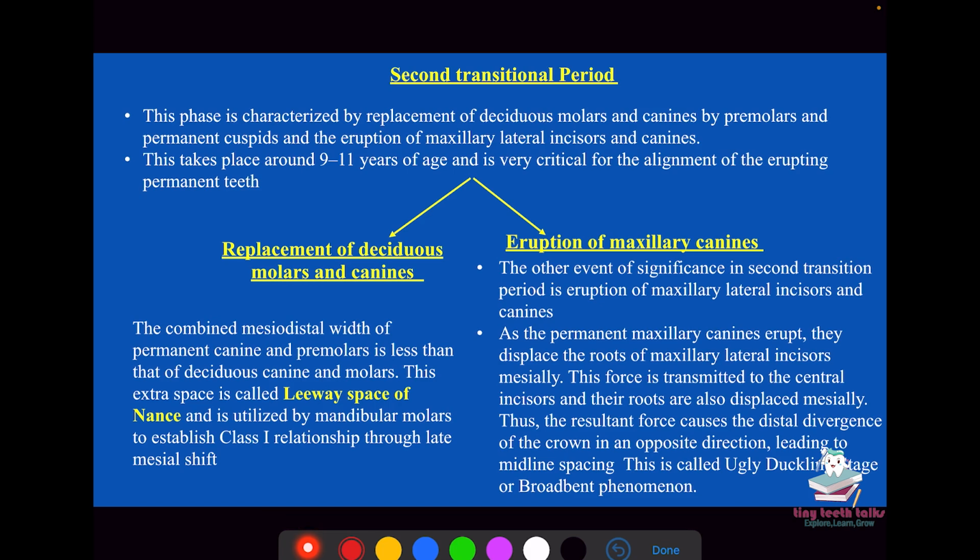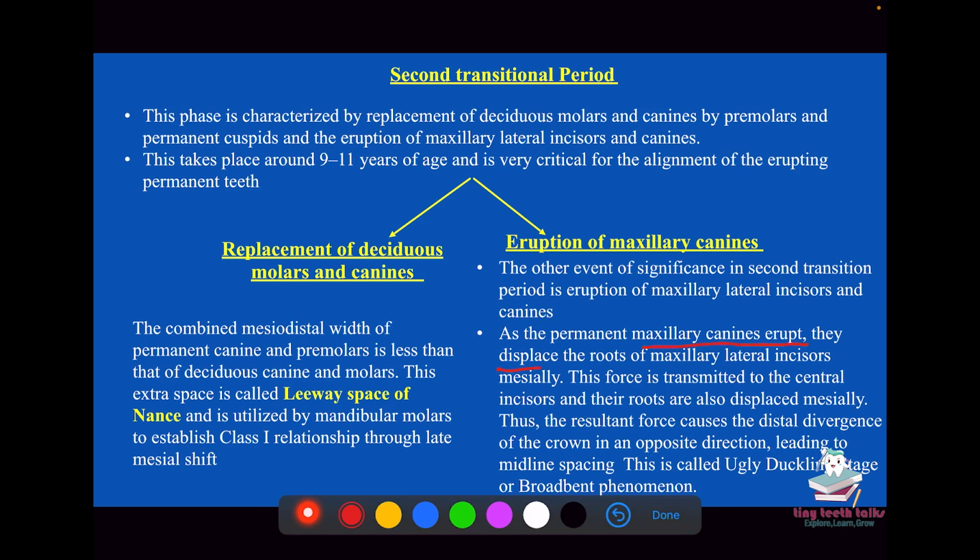As the permanent maxillary canines erupt, they displace the roots of the maxillary lateral incisors mesially. This force is transmitted to the central incisors and their roots are also displaced mesially. Thus, the resultant force causes distal divergence of the crowns, leading to midline spacing, and this is called the ugly duckling stage or Broadbent phenomenon.